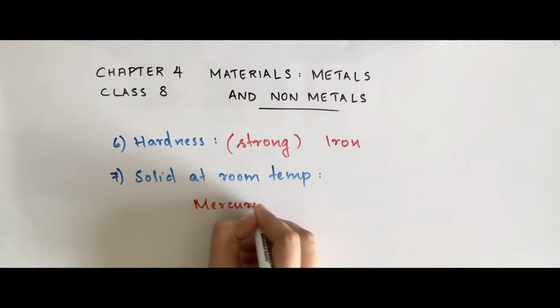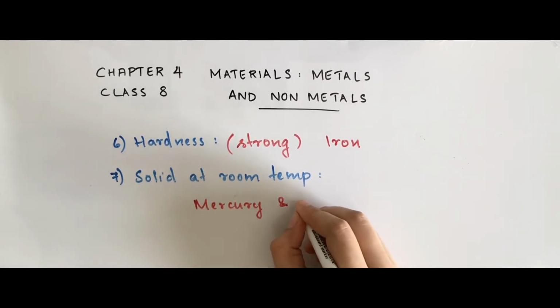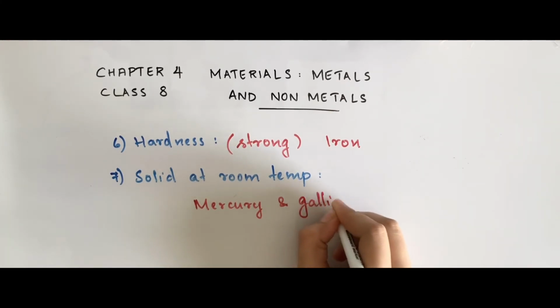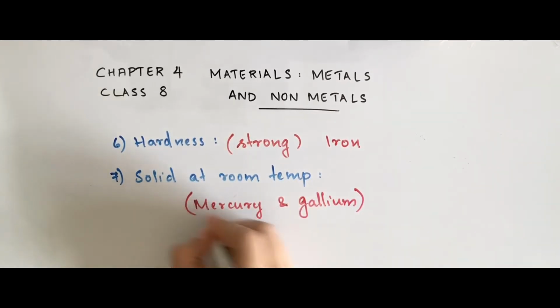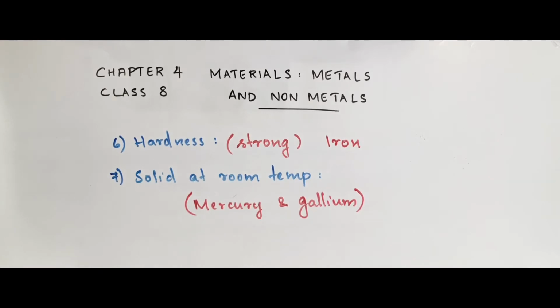Mercury and gallium are exceptions, because you might have seen mercury very commonly, which is used in the chemistry labs. These are in a liquid state. Most of the metals are solid at room temperature, with the exception of these two metals.